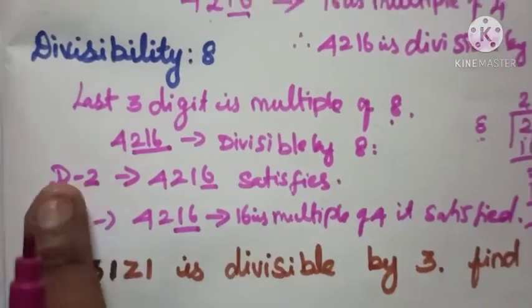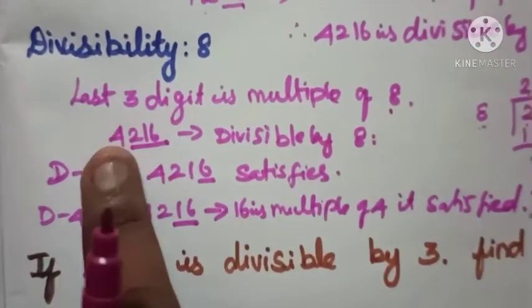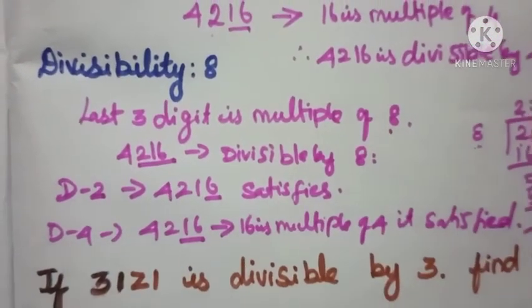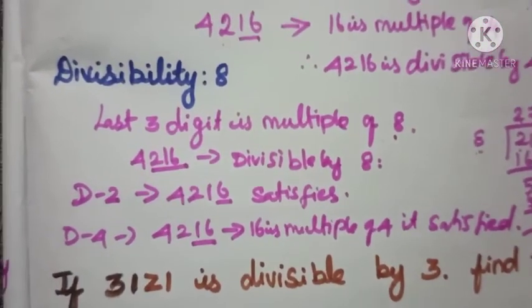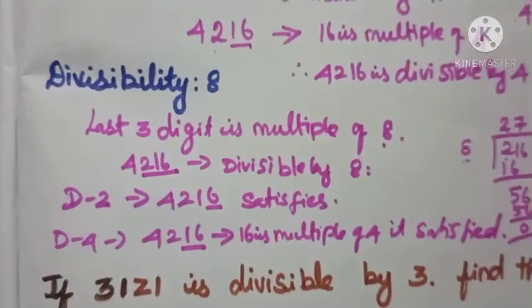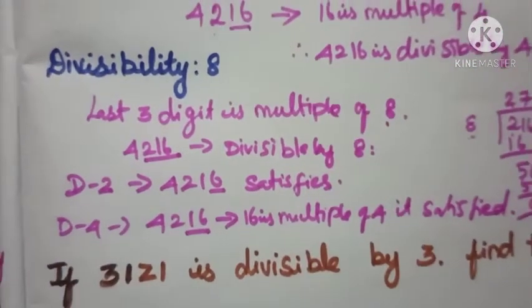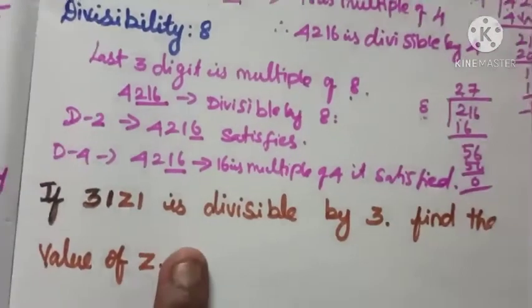Now divisibility rule 2 is satisfied and divisibility rule 4 is satisfied, so 4216 is compulsorily divisible by 8. You can do it either way: compare the last 3 digits, or check with divisibility rules 2 and 4. Now one example using these divisibility rules.